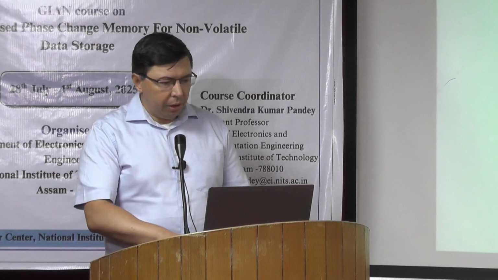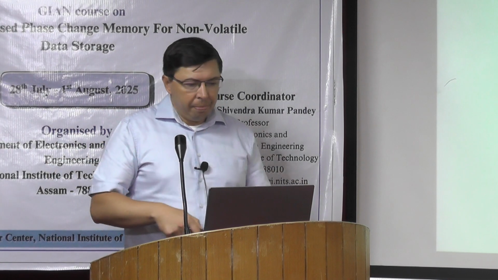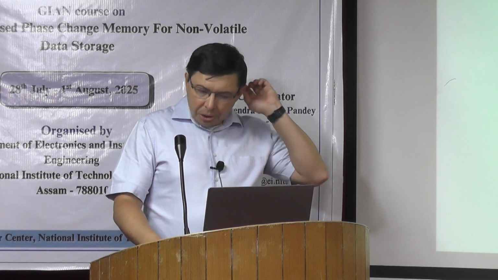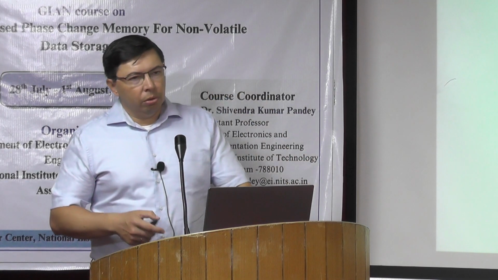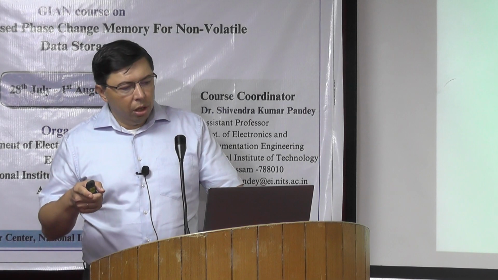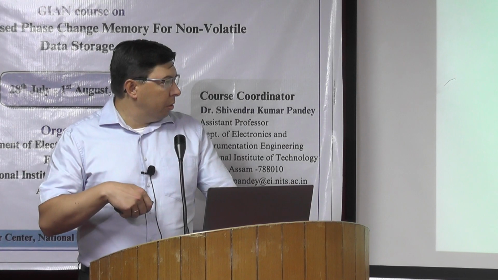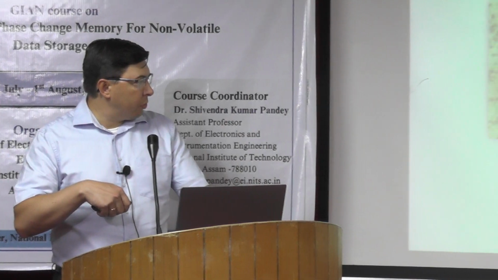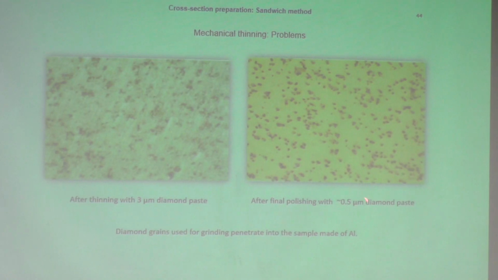So here there are some troubles with mechanical polishing. What can happen depends on your material, if it's hard or soft. If you use mechanical polishing, you use a special paper covered with diamond, or a paste with diamond grains of several micrometers or less than 1.5 micrometers.